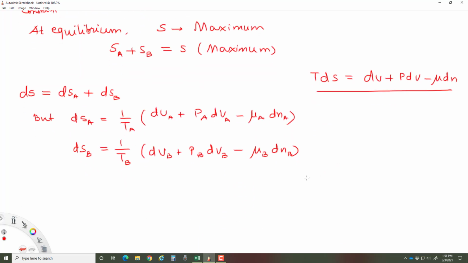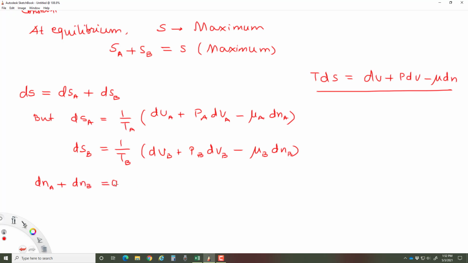So then we can eliminate the three infinitesimals by invoking our three constraints. The three constraints are dNA plus dNB is equal to 0, because the total change in number is 0. There is no change in total number.